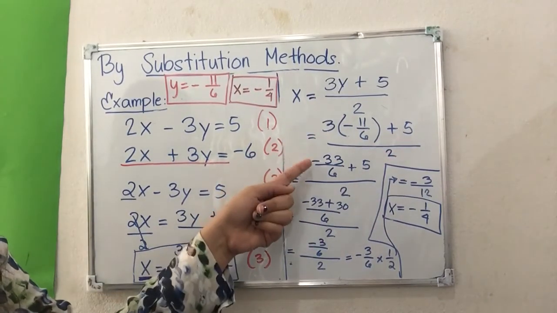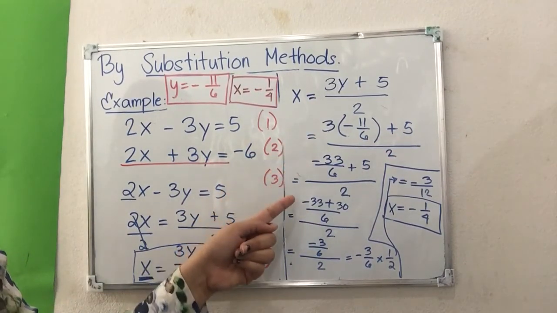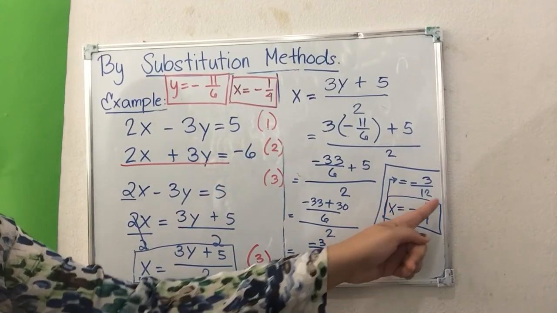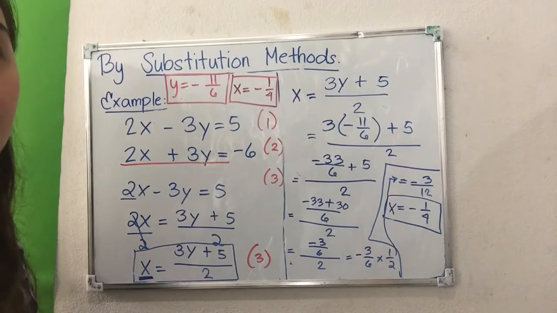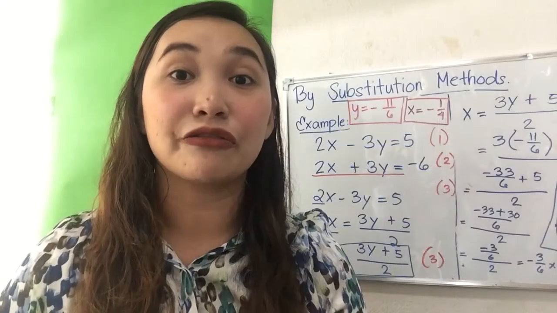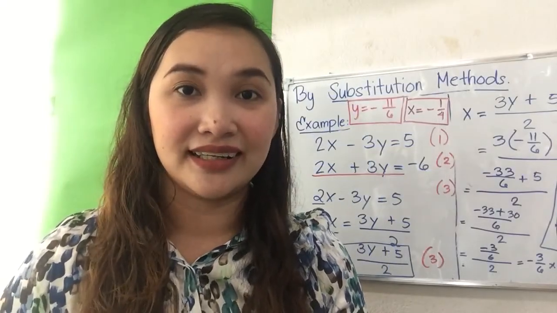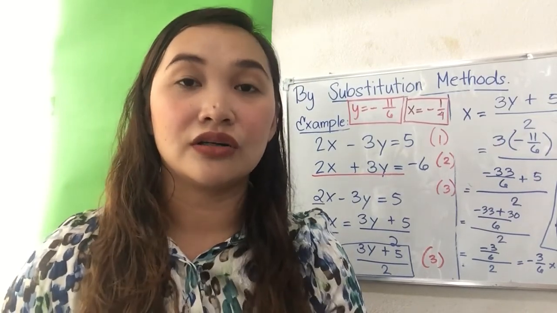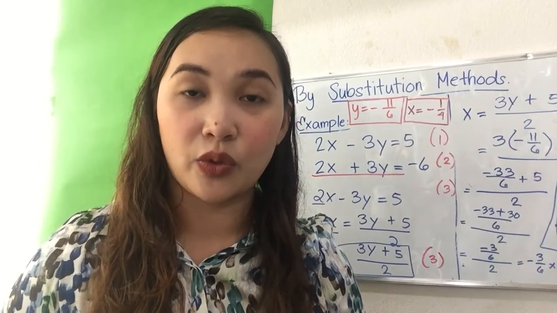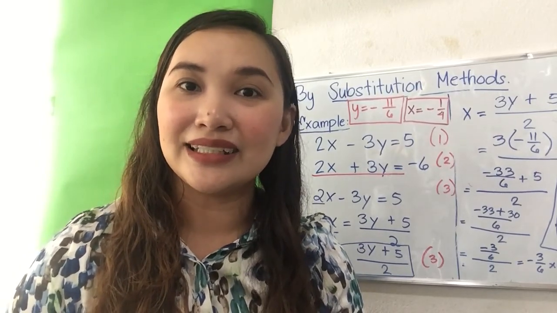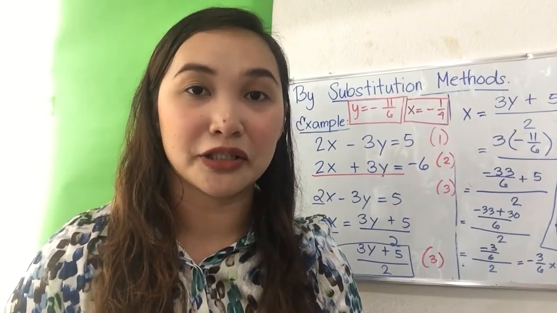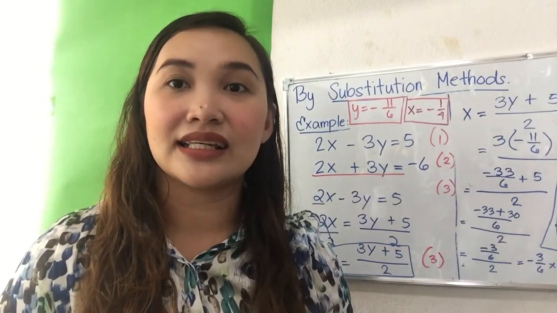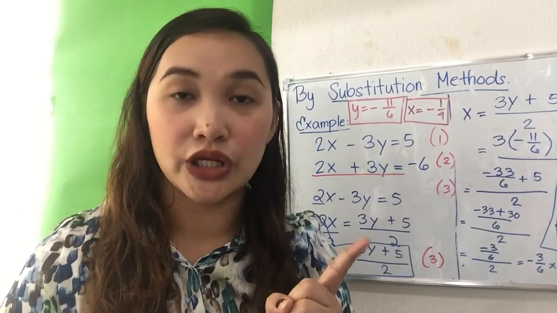Simplify that and you have x is equal to negative 1 over 4. So that is the first method, the substitution method, for finding the pair of values of simultaneous linear equations in two variables.